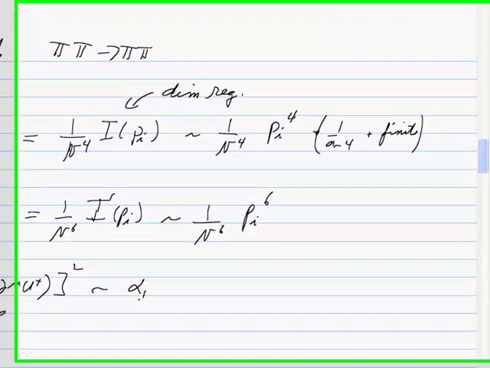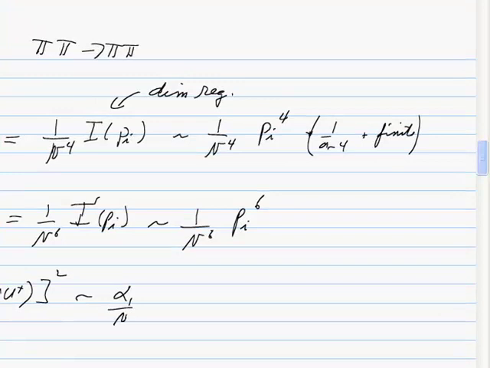So this goes like alpha 1 over v to the fourth, p1 dot p2, p3 dot p4 as a matrix element. So if I take that matrix element, the Feynman rule goes like that.